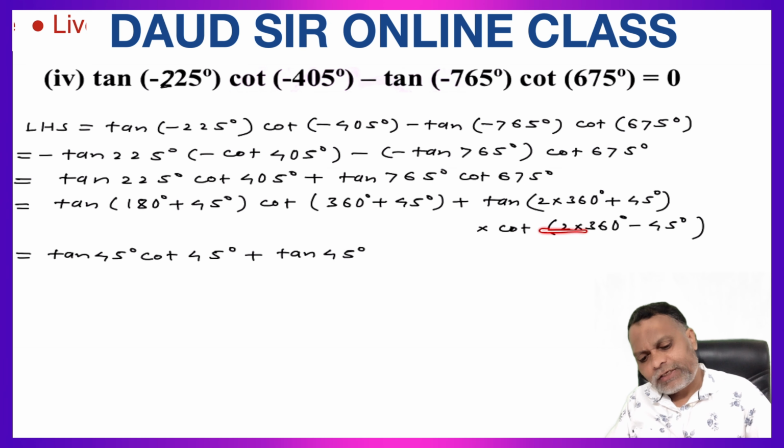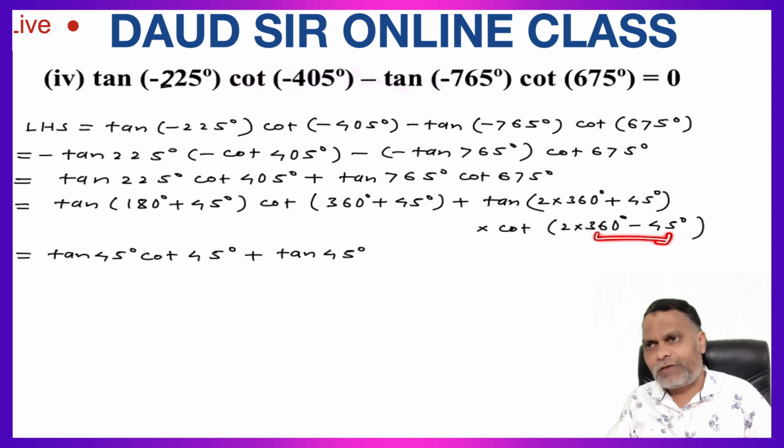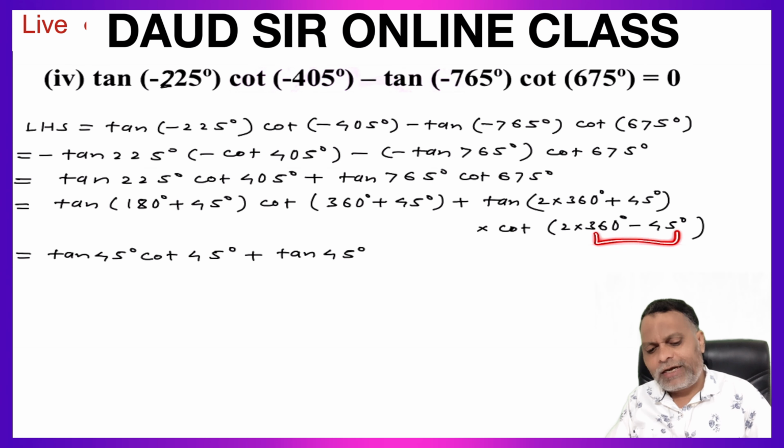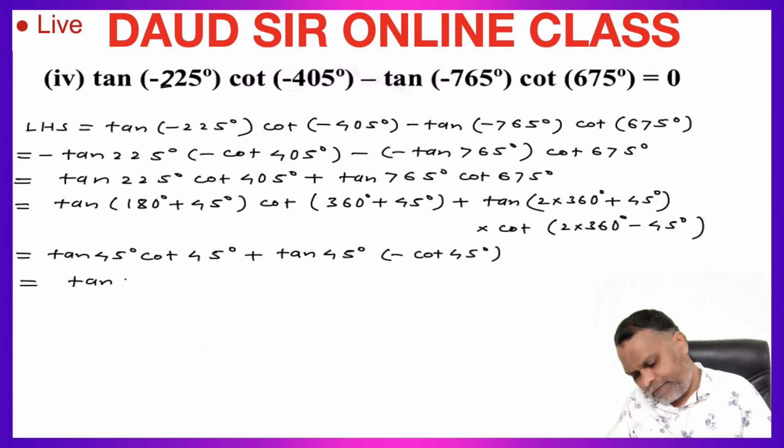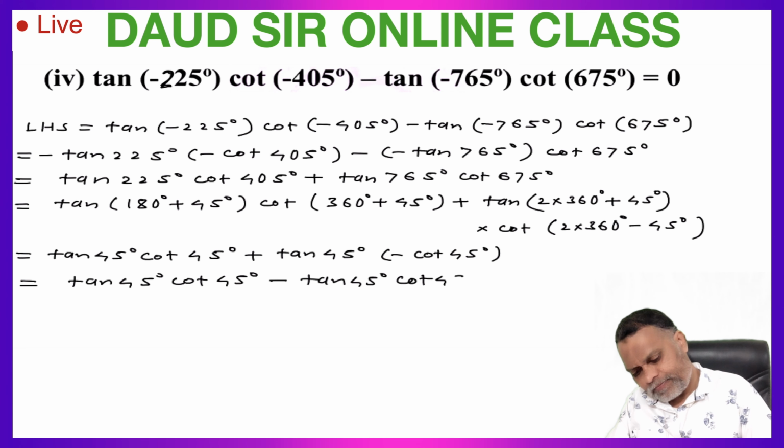Cot(n into 360 minus theta), this 2 is the number of rotation, we can say this is 360 minus theta, and 360 minus theta lies in fourth quadrant. In fourth quadrant, cot is negative, only cos and sec are positive, so this is minus cot 45°, which is equal to tan 45 into cot 45 plus minus minus tan 45 into cot 45.